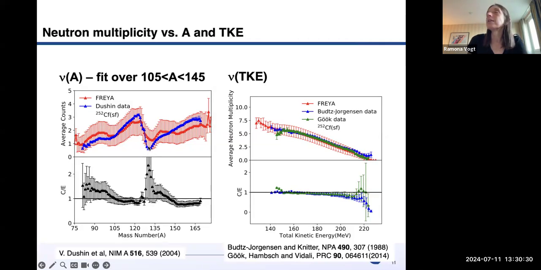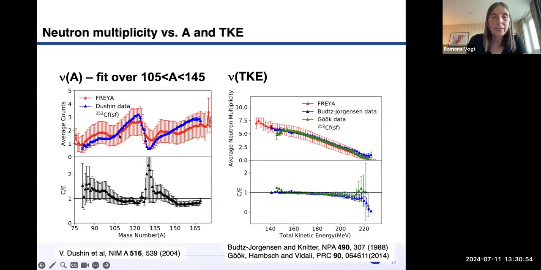And 132 has 50 protons and 82 neutrons. And those are what they call magic numbers of closed shells for protons and neutrons. And so it's really stable. And so its excitation energy internally is really low. So it's not going to emit a lot of neutrons.